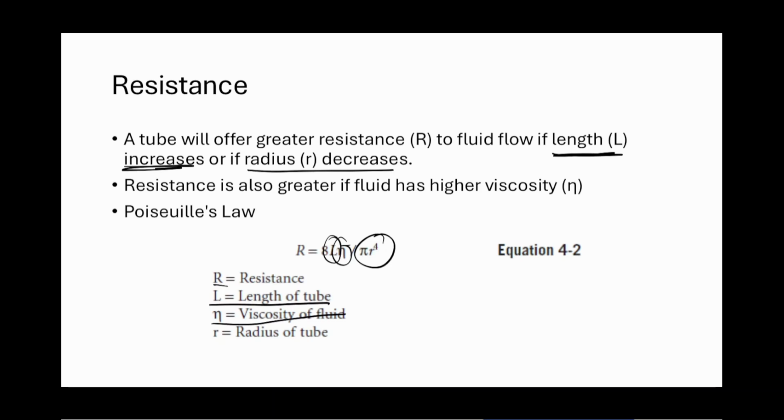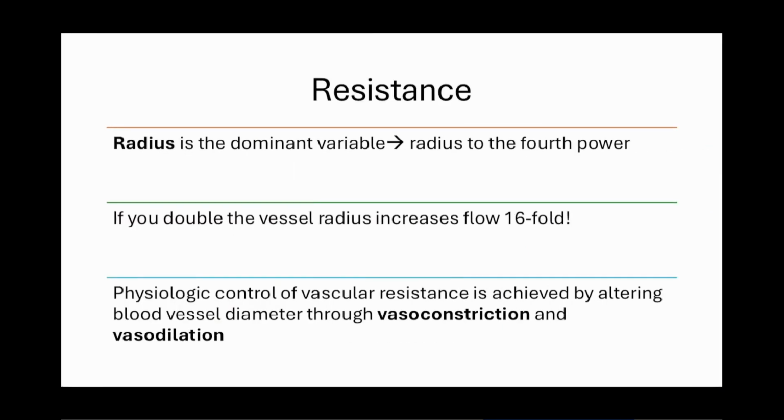But we don't really mention it that much unless the patient is severely dehydrated. There'll be a certain condition where you'll worry about the viscosity. 98% of the time, you don't care about it, so we're not going to worry about it unless I tell you. All we need to worry about in this class is the length of the tube and the radius. Radius is the dominant variable in resistance, to the 4th power.